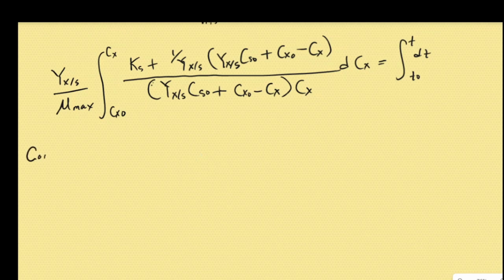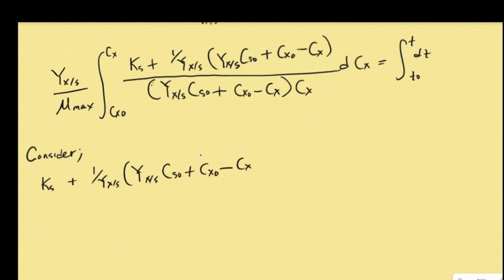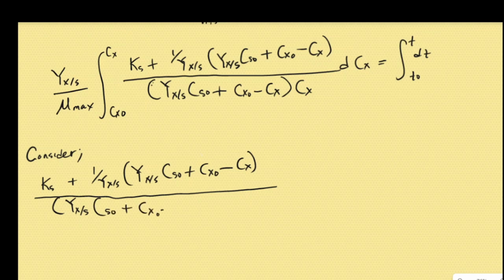So consider Ks plus 1 over Yx/s into (Yx/s Cs0 plus Cx0 minus Cx) over (Yx/s Cs0 plus Cx0 minus Cx) Cx.